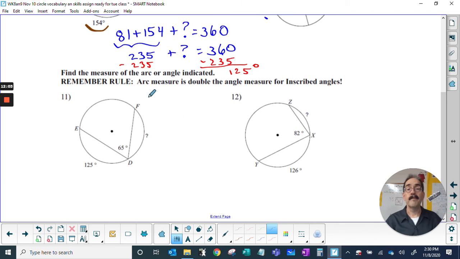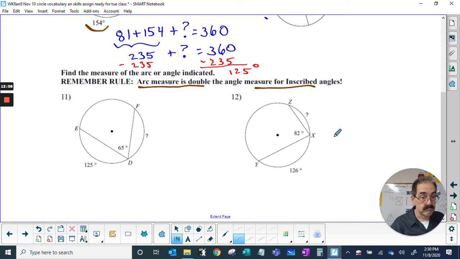Now, the last thing we're studying on circles is the arc measure is double the angle measure, or the other way around. Okay? So 65 double, 130. Okay?